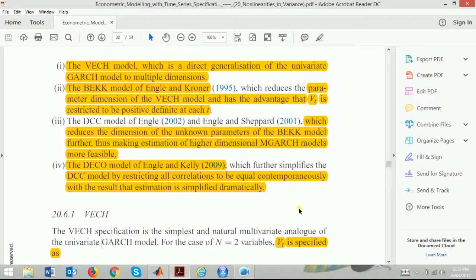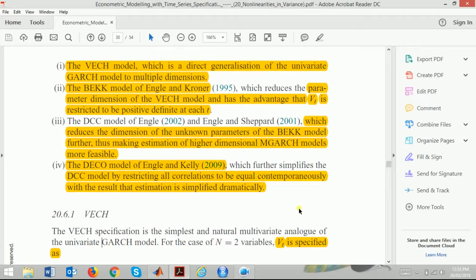Then the BEKK model of Engle and Kroner, whose purpose is to reduce the parameter dimension of the VEC model, which gives you a huge number of parameters, and it has the advantage that the GARCH conditional variance is restricted to be positive definite.